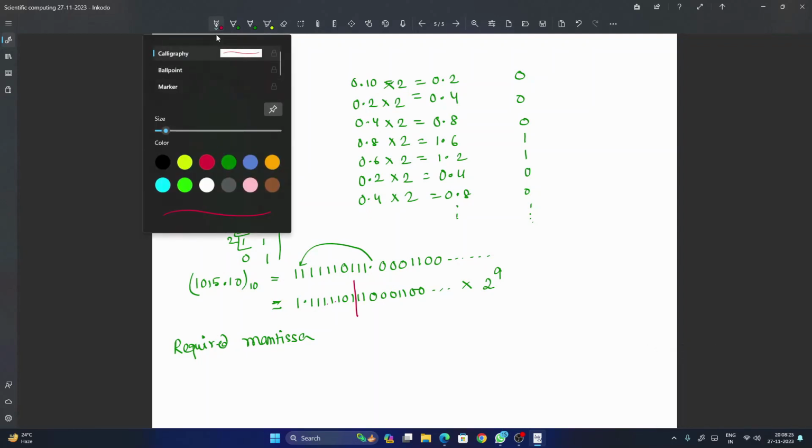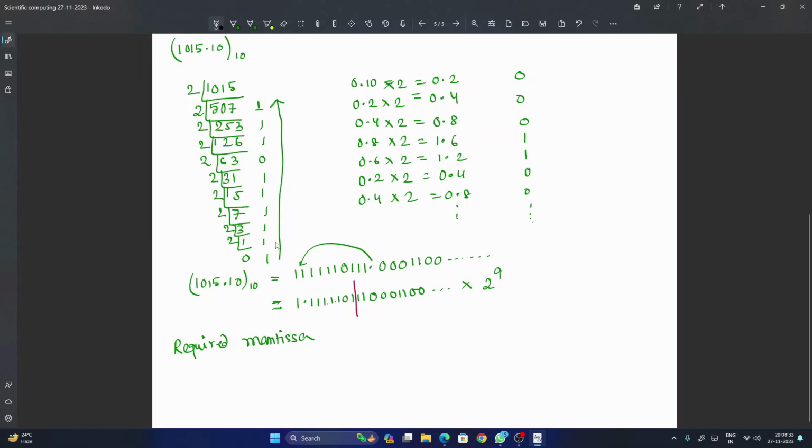So the required mantissa is equal to 1.1111101, and the exponent, with the sign obviously. So just take one positive sign here.